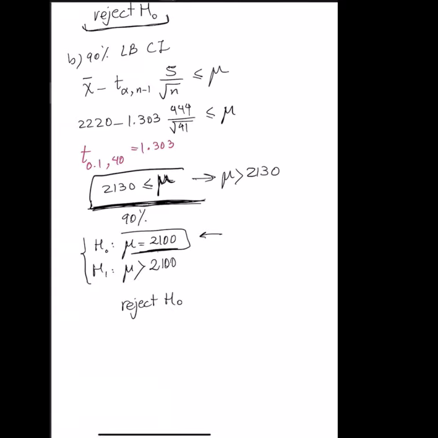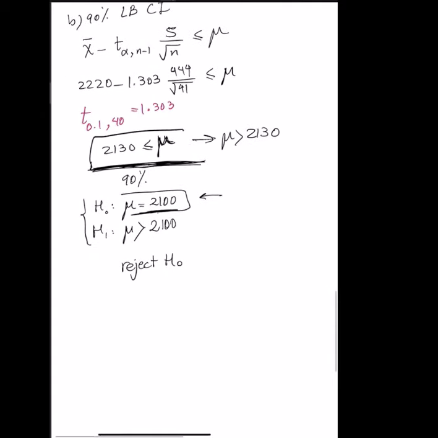Yeah. If you have the population standard deviation, you can use the z. But if the sample standard deviation is given to you, you can use t. Is the z-test in chapter 7 or chapter 8? Z is chapter 7, t is chapter 8. Okay, thank you. Basically, chapter 8 is the same as chapter 7 when we don't know sigma.